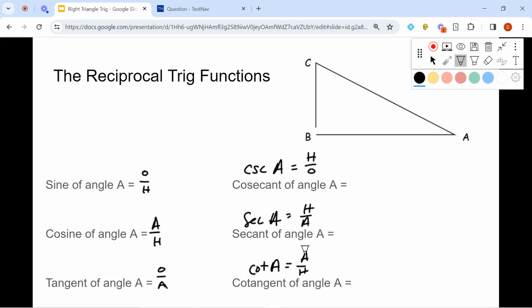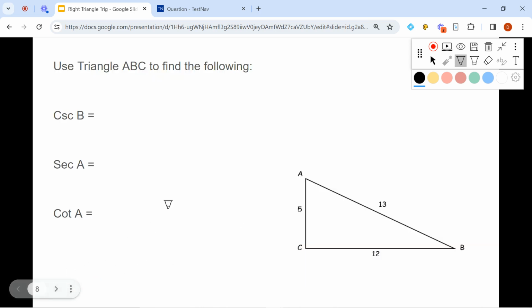To do this, if you find the sine of the angle and you flip that ratio, you get the cosecant of that angle. So you have to know who is the reciprocal of whom: sine and cosecant, cosine and secant, tangent and cotangent. Let's use triangle ABC to find the cosecant of B. Cosecant is the reciprocal of sine.